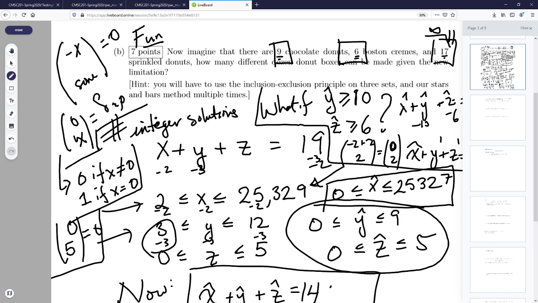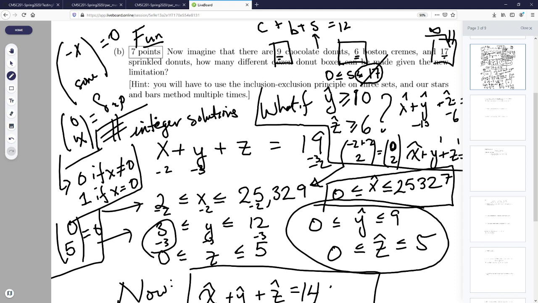Basically, if you consider chocolate donuts plus Boston cream donuts plus sprinkled donuts equal to 12, normally you would say 0 is less than or equal to s is less than or equal to 17. But you would look at this upper bound and say we will never hit it, so it's okay not to consider the upper bound at all.